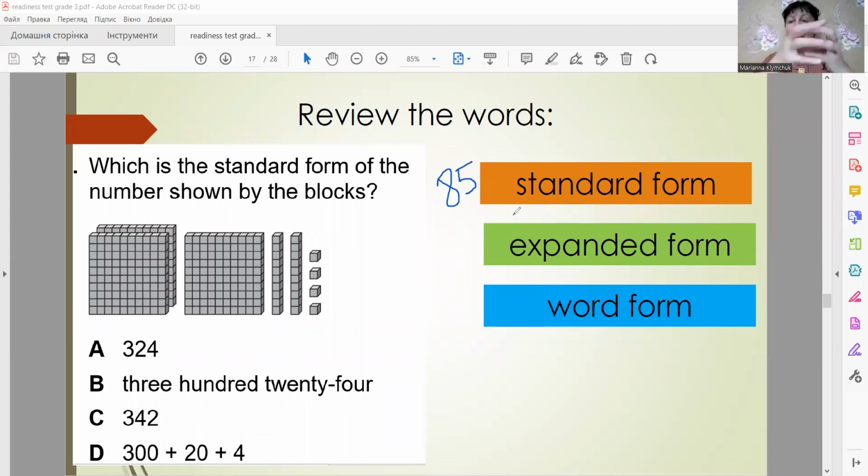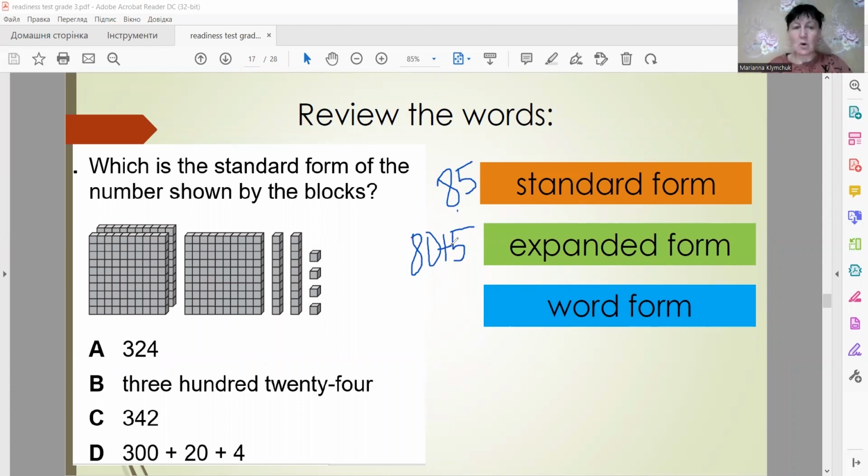Expanded form is when you expand that number, when you break it apart. So like this one, we break it apart into 80 and 5. 80 plus 5. This is our expanded form. We expanded it into 80 and 5. And of course, word form is just written by words.